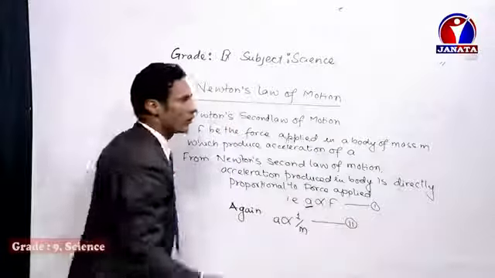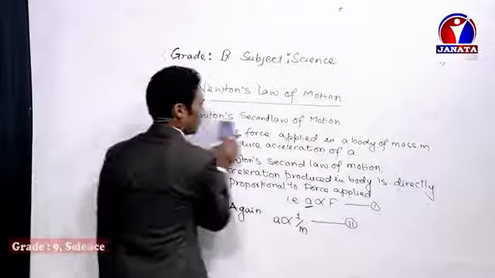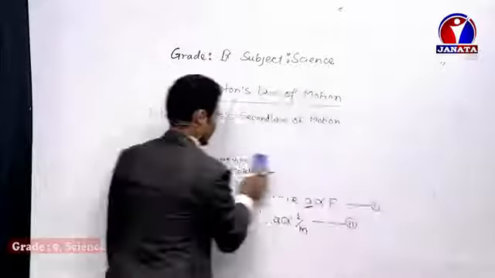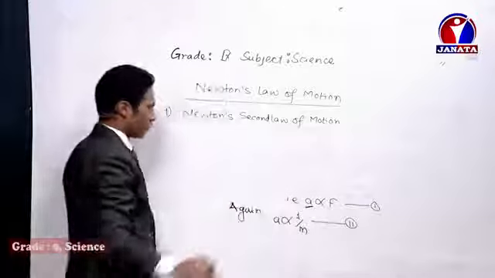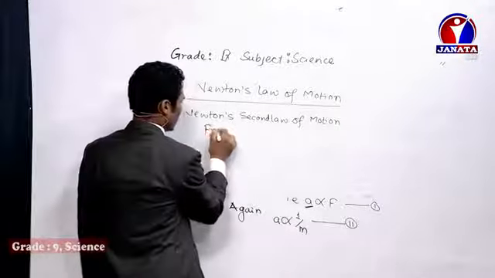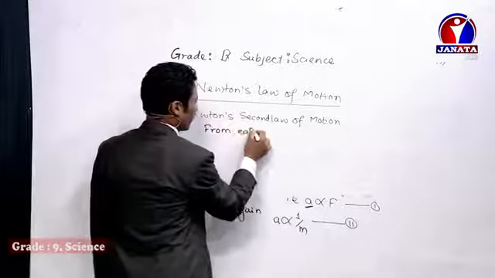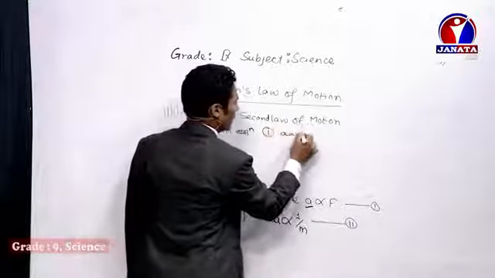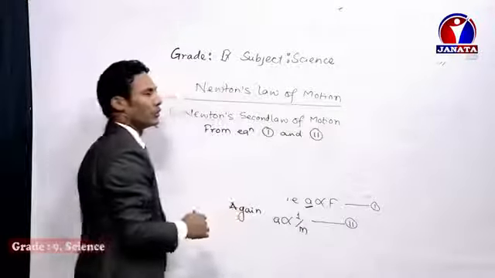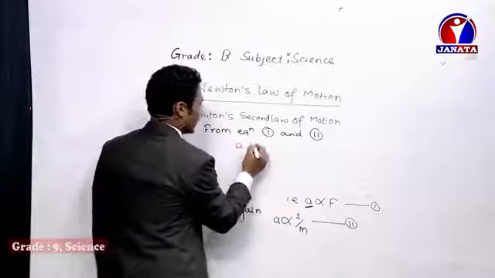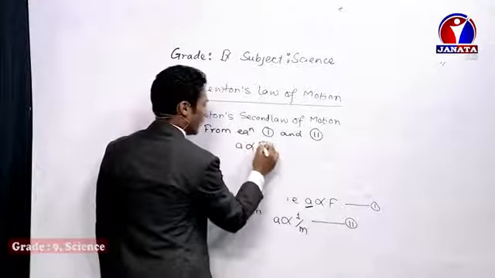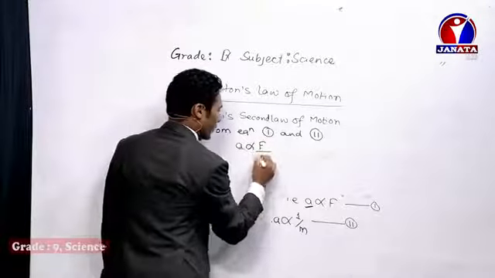So from equations 1 and 2, what we get here is a is proportional to F but inversely proportional to the mass.